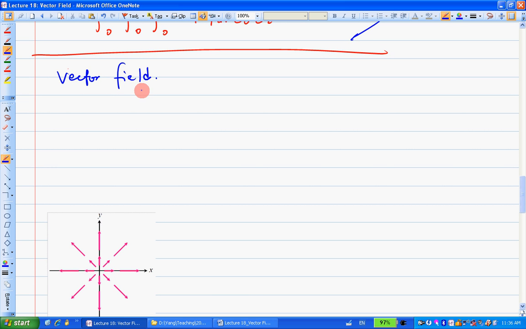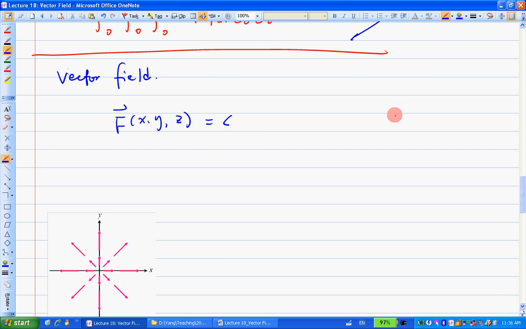So vector field is actually not new. We learned that we can have a vector. Now this vector F may be a function of x, y, z. So this is not a scalar function; this is going to be a vector function.